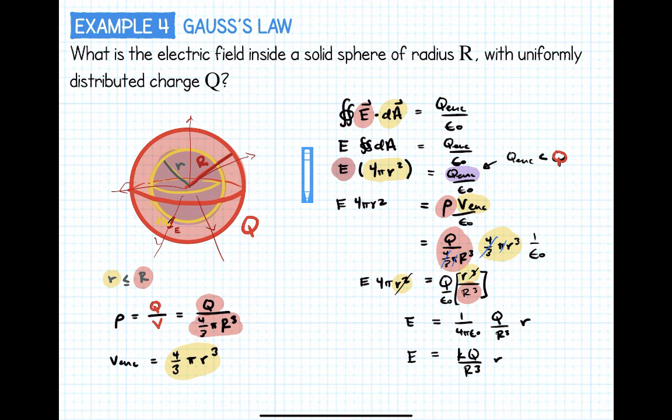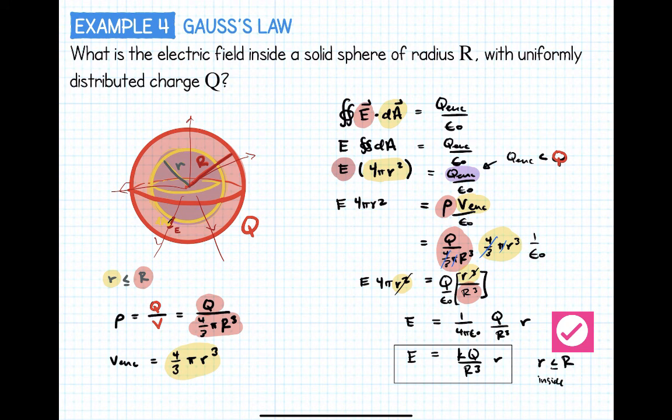Okay, so that's our value, and remember we talked about our electric field. So that's our electric field for r less than or equal to R. So inside the actual sphere.